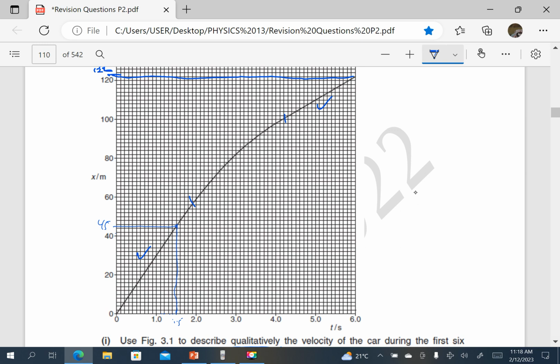you can even use this because after 4.0 seconds, at 4.0, it is already a straight line. So we can find the velocity of the straight line. At 4.0, that is around 90, is it 98? Let me use a ruler at 4.0.